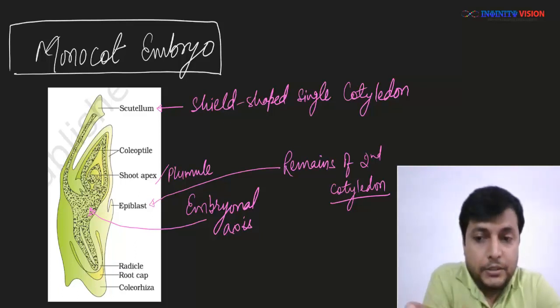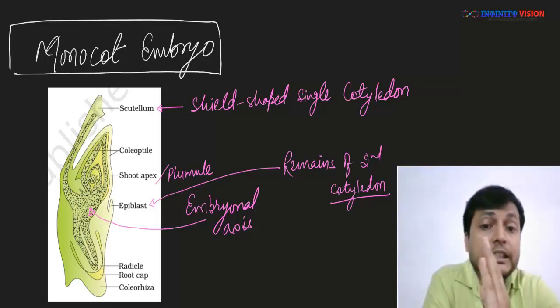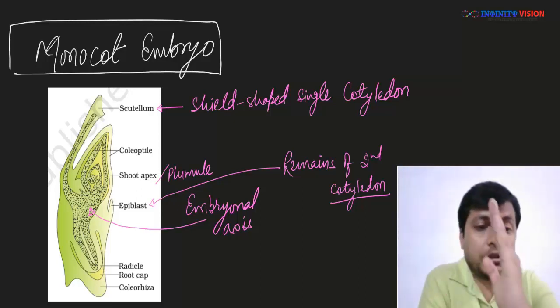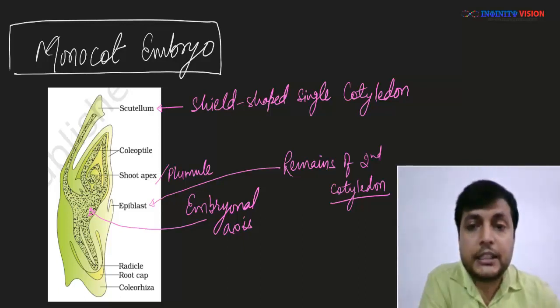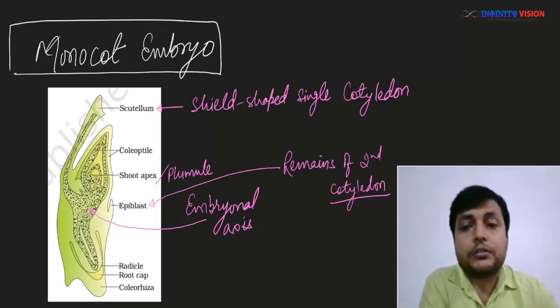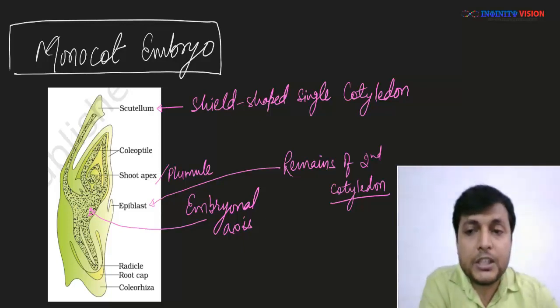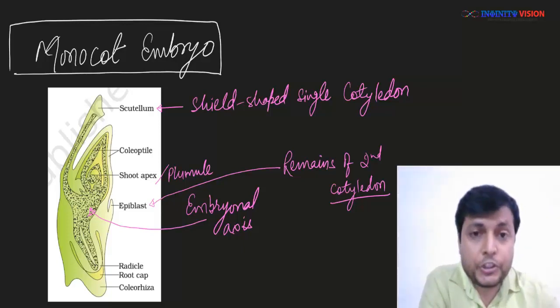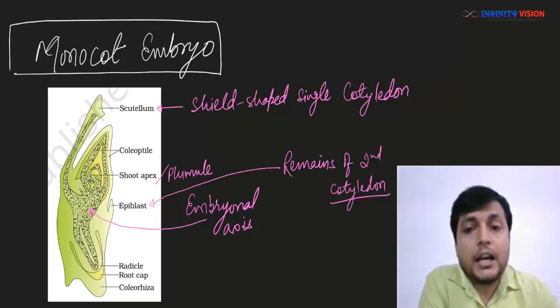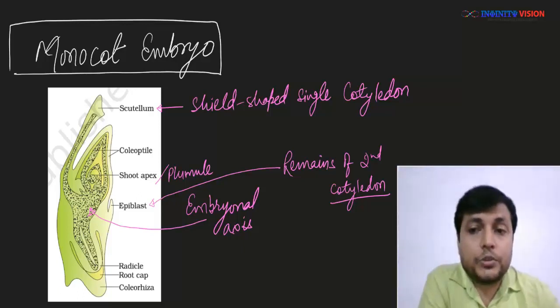What we can see here in a monocot embryo is a single cotyledon, right? That's why it is monocot, and this single cotyledon is in the shape of a shield. It's a triangular shield shape, and this shield shaped triangular single cotyledon is called scutellum. Do remember this. There has been a question frequently asked about scutellum.